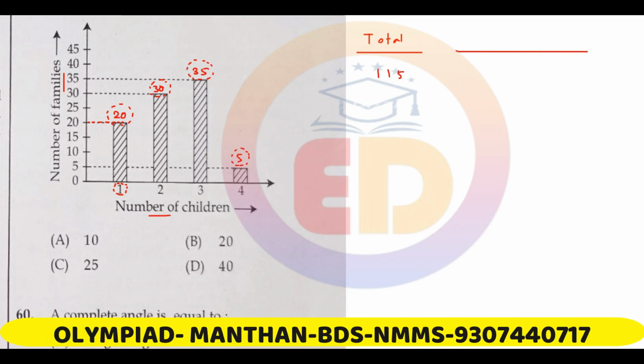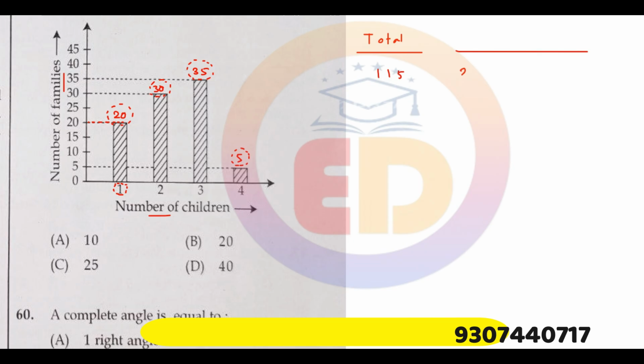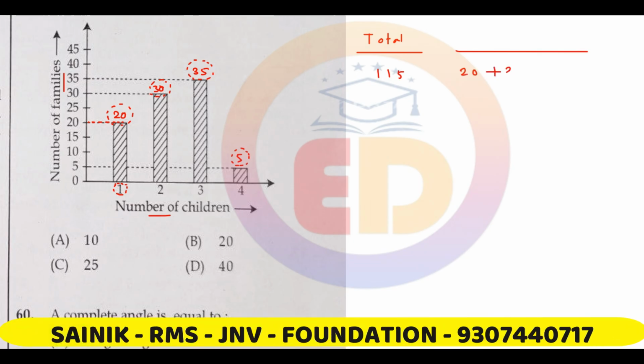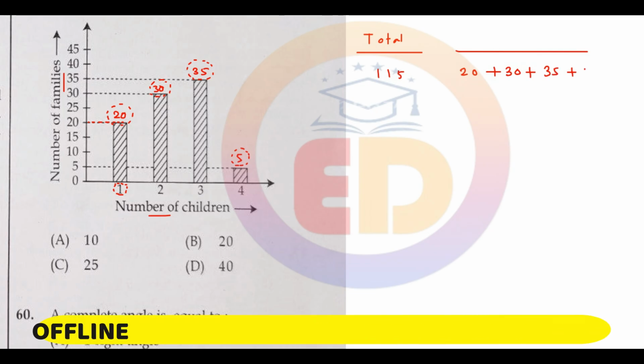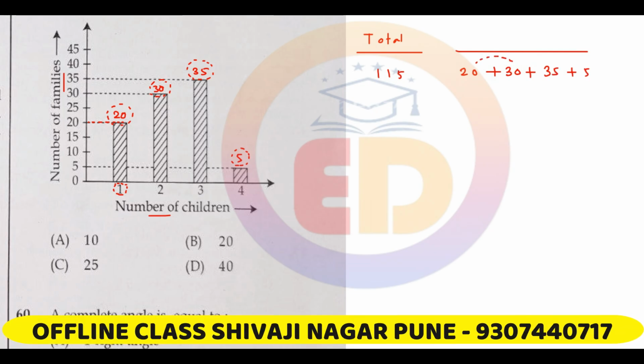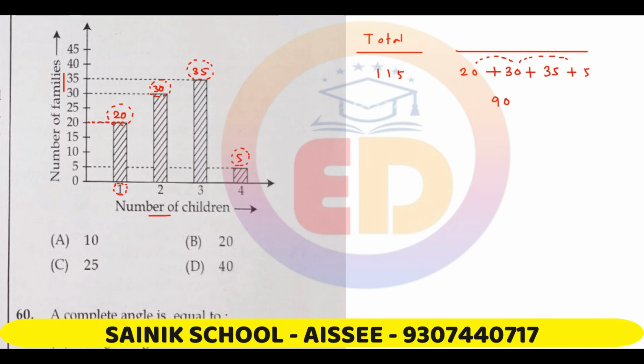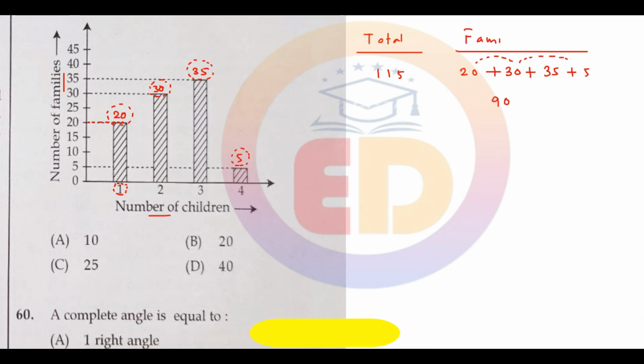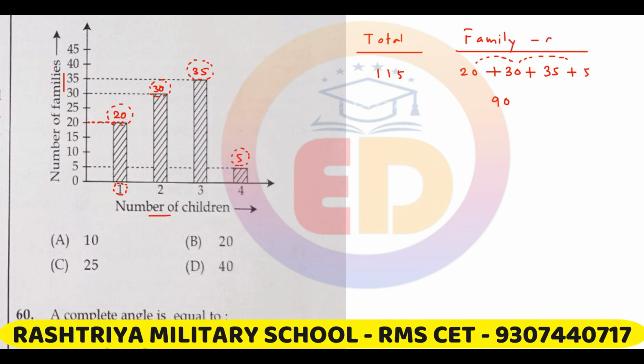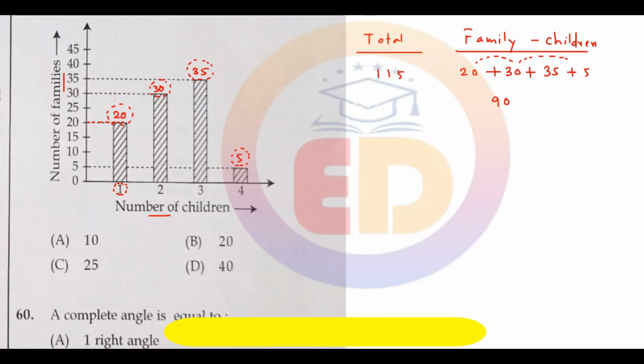So let's add these. This is 20 plus 30 plus 35 plus 5. This is 50 plus 40. So this is 90 actually. So 90 are families having children. It can be 1, 2, 3 or 4. I'll write children or child. You understand?